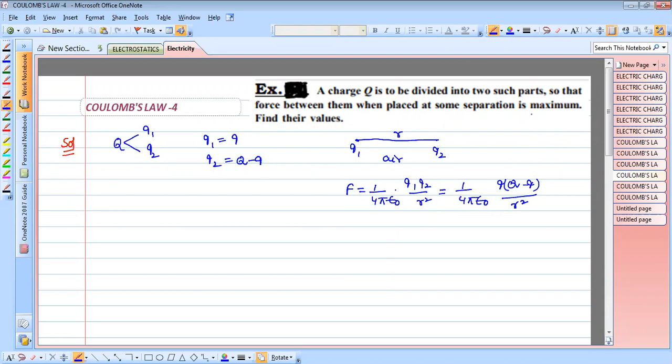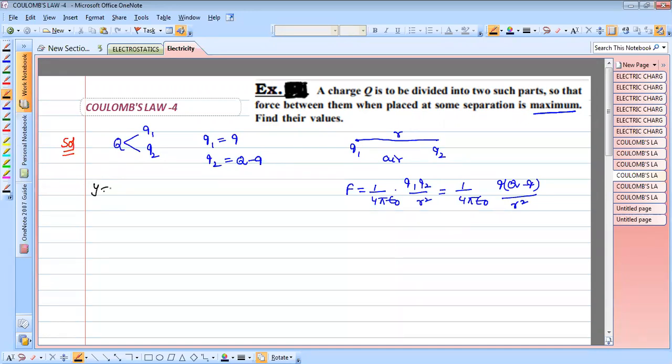But what is the condition here? The force becomes maximum, and how are these charges splitting? Once you understand the question, this force varies with the values of the charges. Now we move to basic calculus.